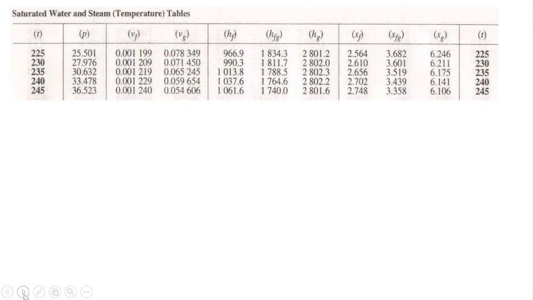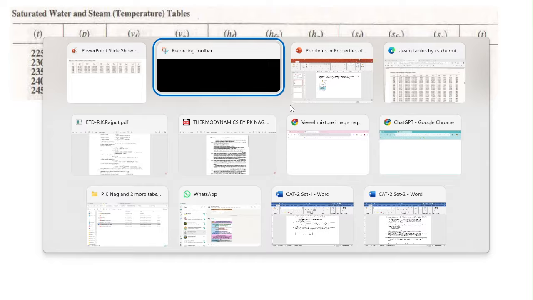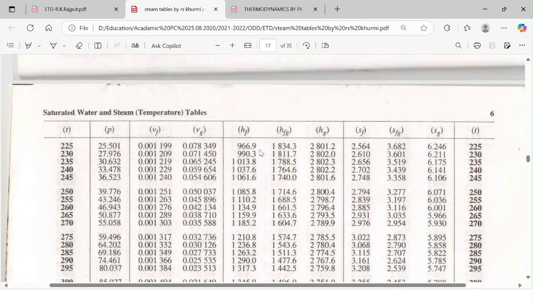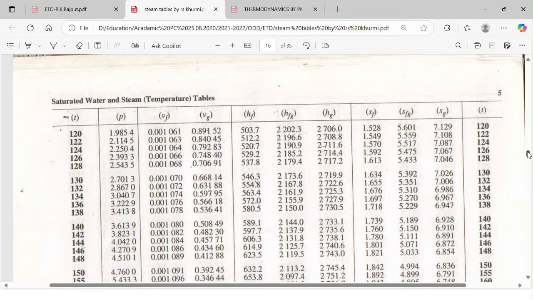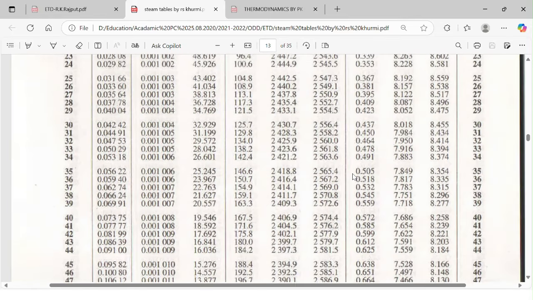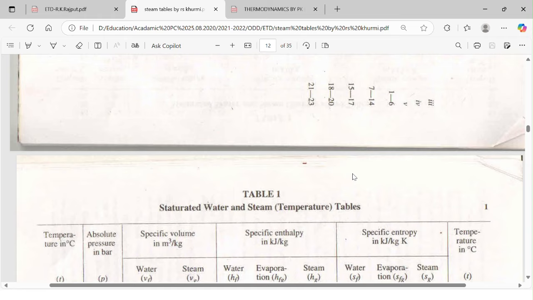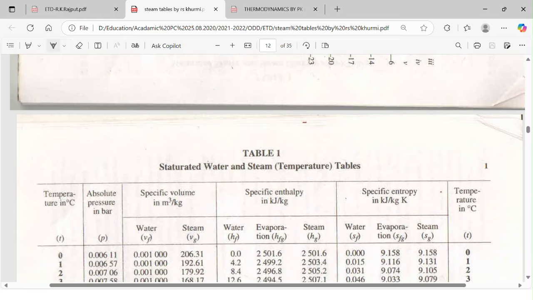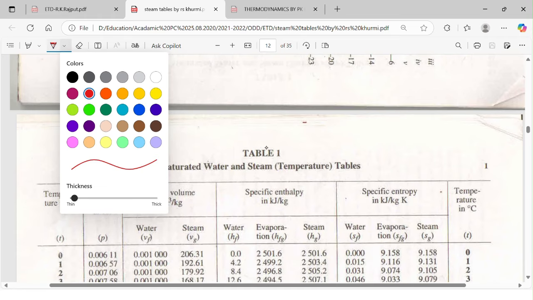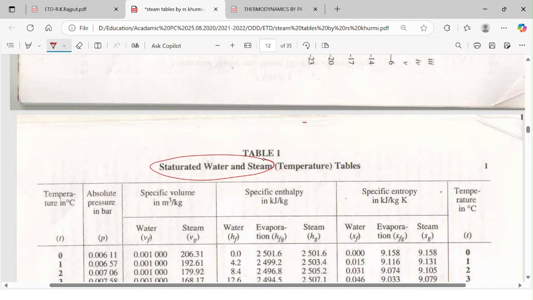We have already studied and discussed the steam table. In the steam table we have a number of tables. First we have the saturated water and steam table, the temperature table.